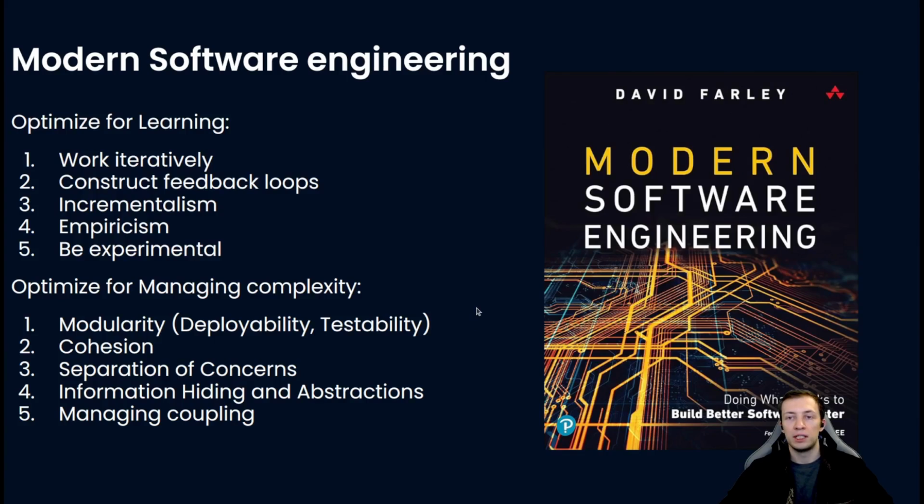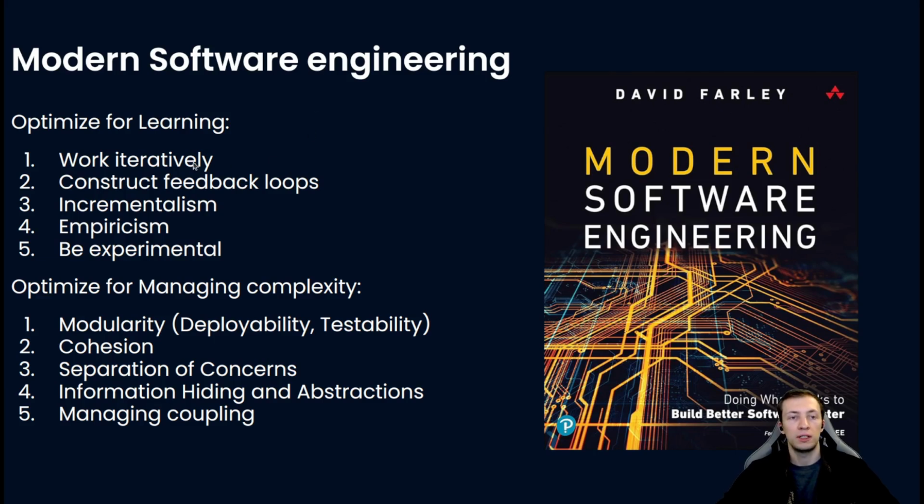Take for example the recent book of David Farley, Modern Software Engineering, where he tries to outline the principles that have stood the test of time and that help to improve the productivity of software engineering. The two pillars are optimization for learning and optimization for managing complexity.